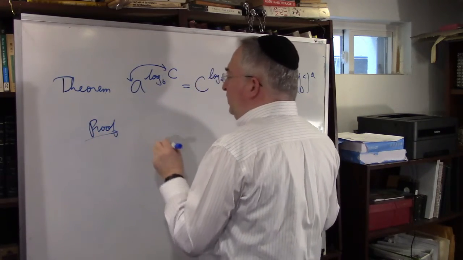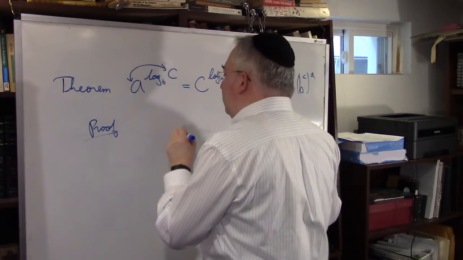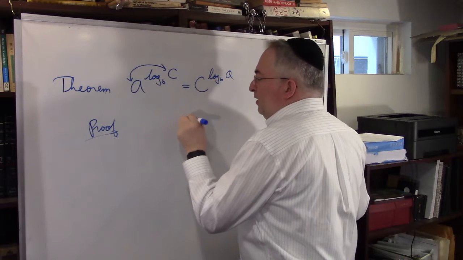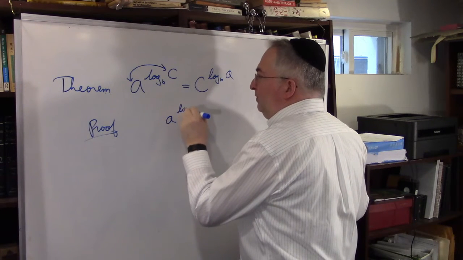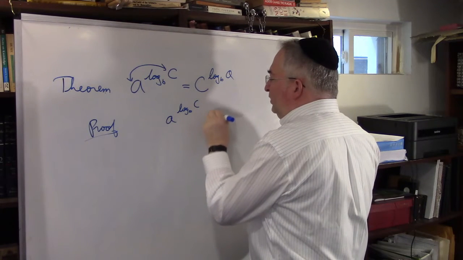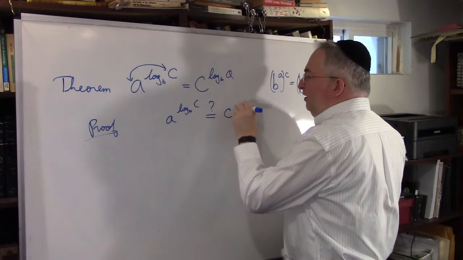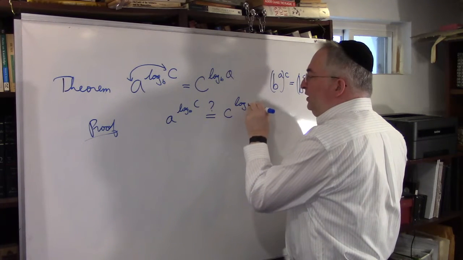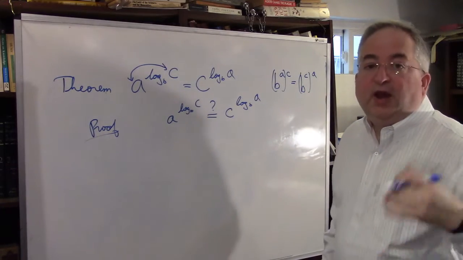Simplest proof in the world. Okay? A to the log base b of c. Question: is this equal to this? That's the question. C to the log base b of a. Are these two equal? Answer, I don't know.